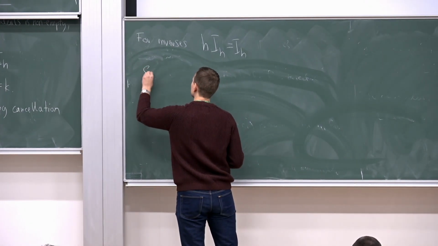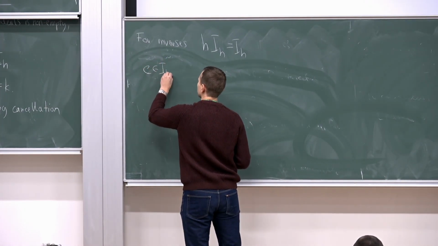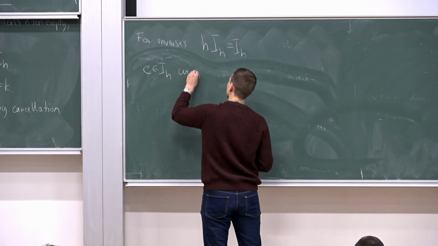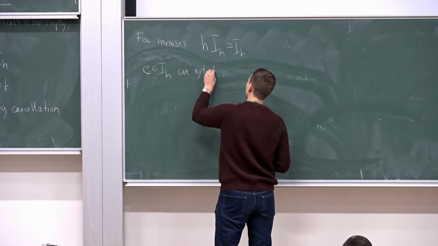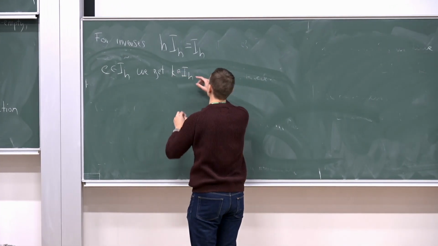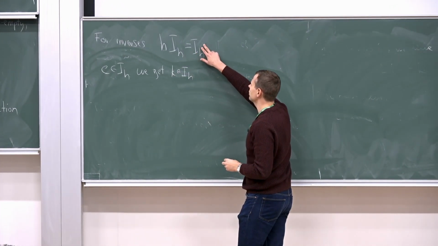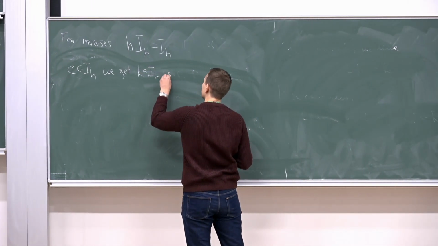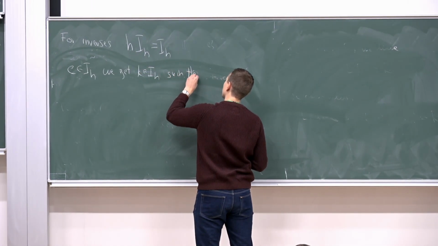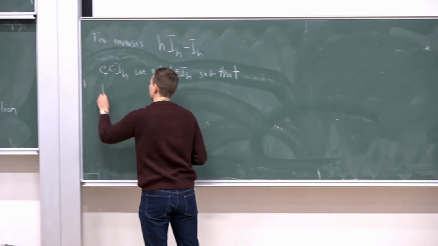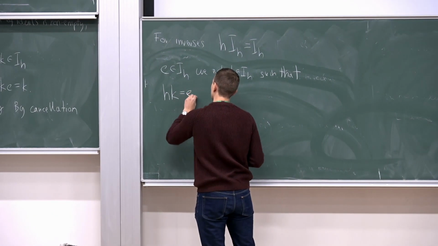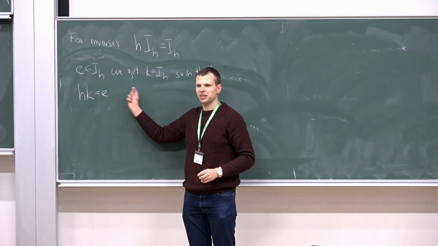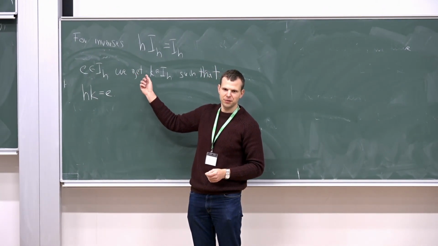Then, because E belongs to IH, it's an element of IH, we get some K in IH such that H times K is equal to E. So H has a right inverse, then the same argument shows that it has a left inverse, and it means that it has an inverse.